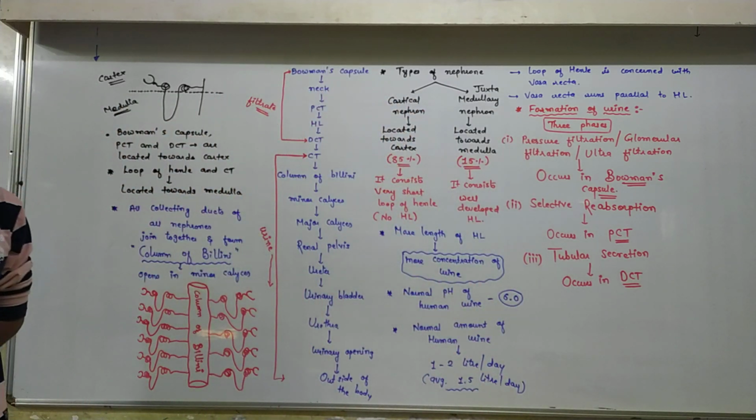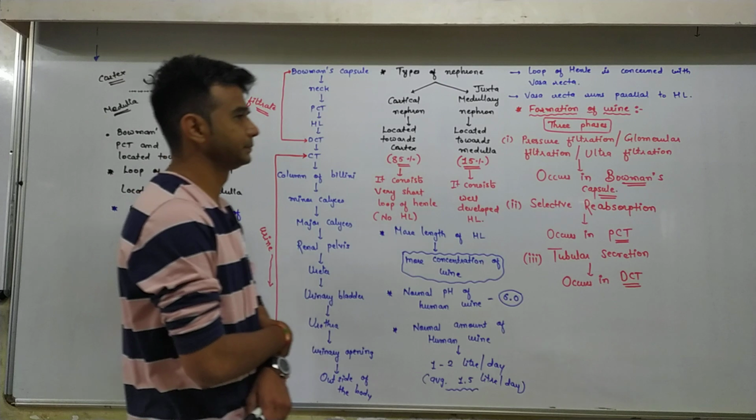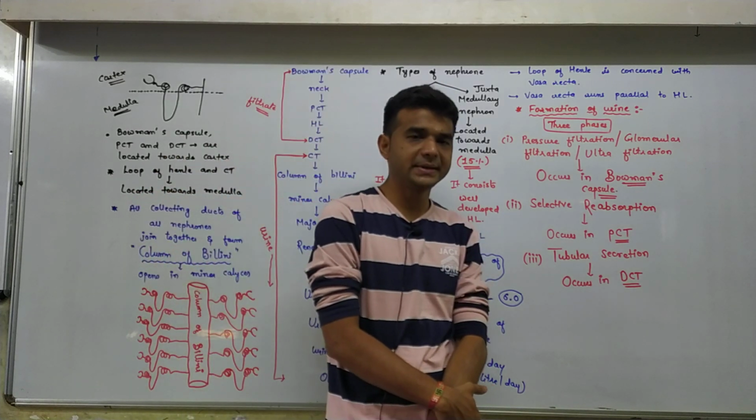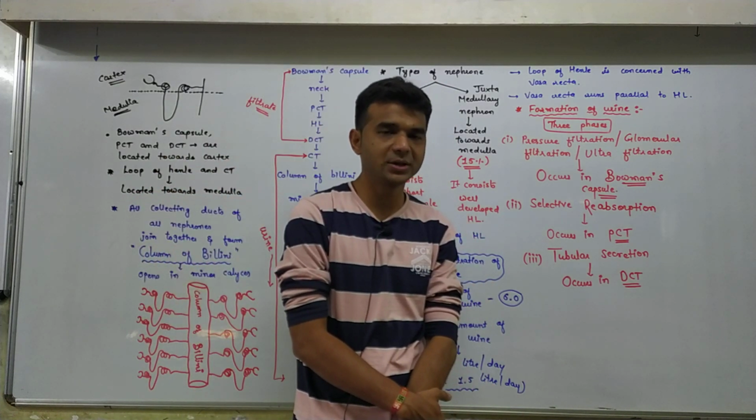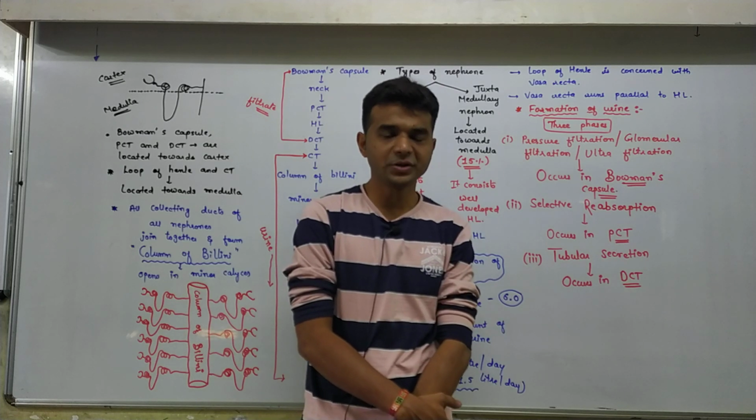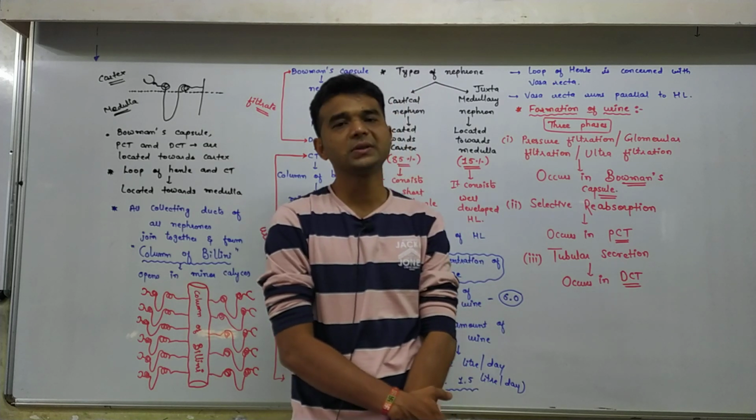See, there are three stages of formation of urine. First phase is known as ultrafiltration or pressure filtration or glomerular filtration.